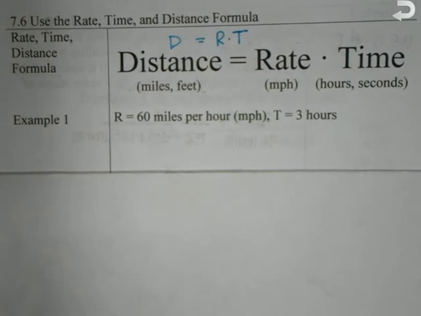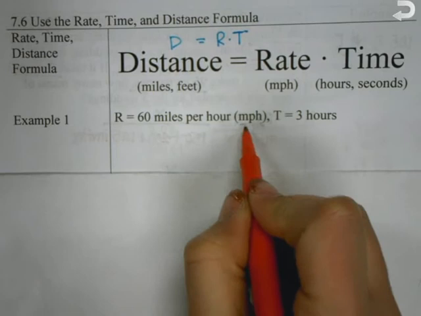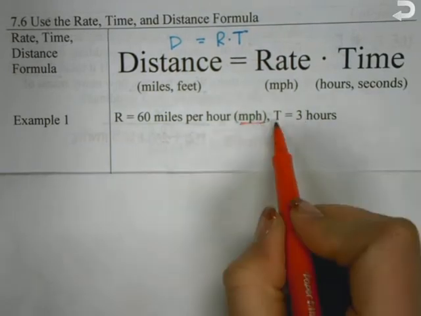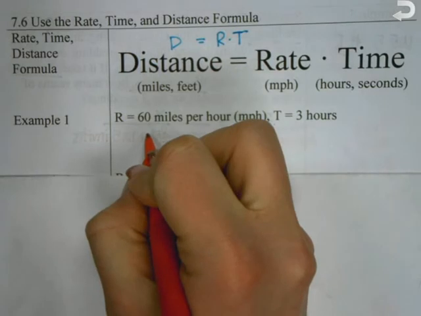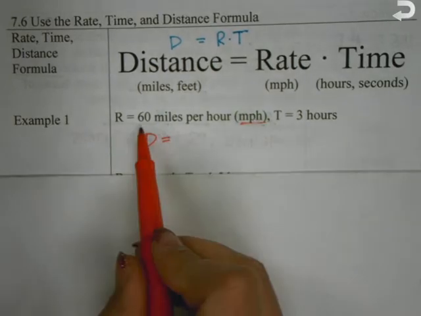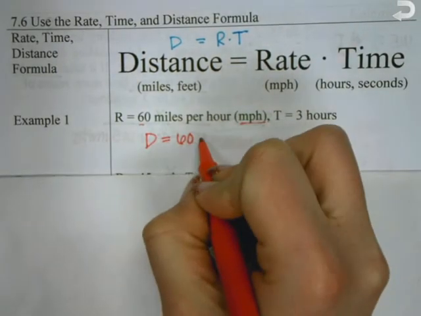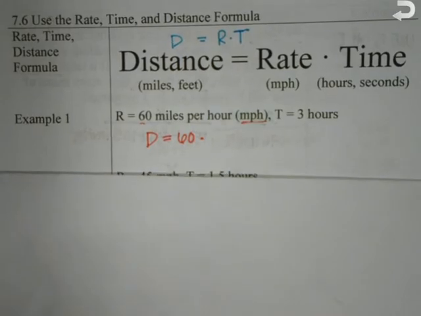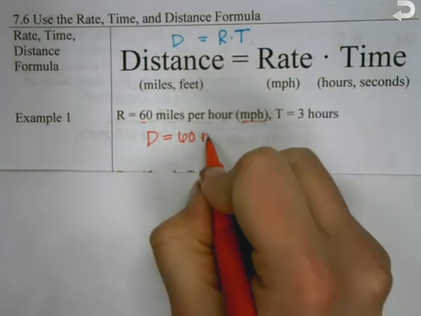So for example 1, they give us R equals 60 miles per hour, and that comes in mph, and time equals 3 hours. Using the distance formula, I don't know what D is, and I'm going to plug in 60 for R, times 3 for T, and I guess 60 would be miles per hour, times 3 hours.